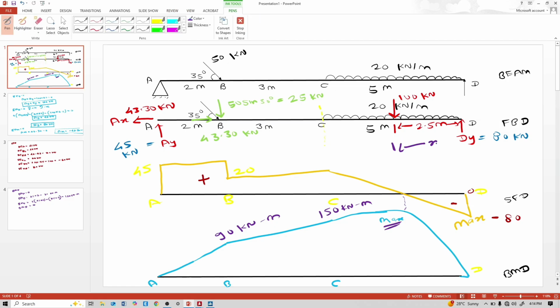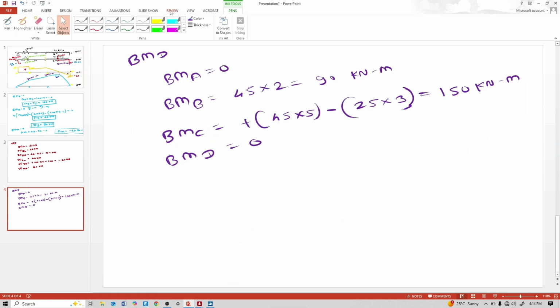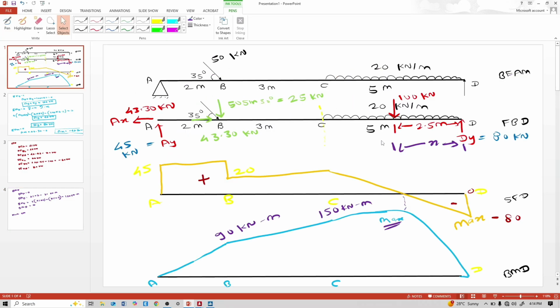Take this section X and consider bending moment is equal to 0 there, maximum bending moment. Consider this as section YY.